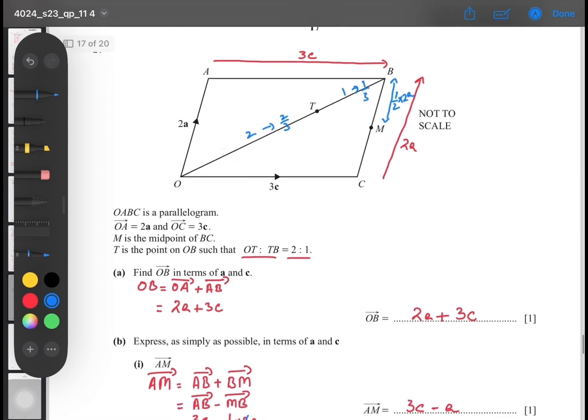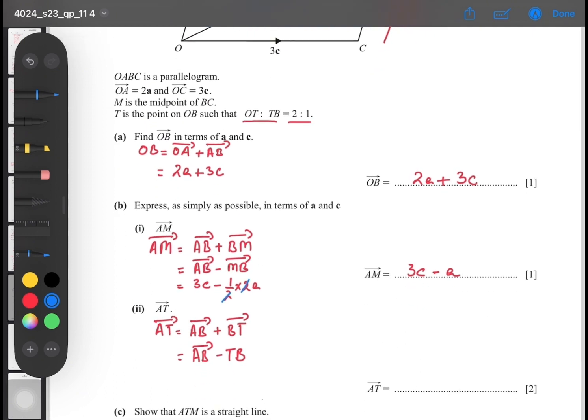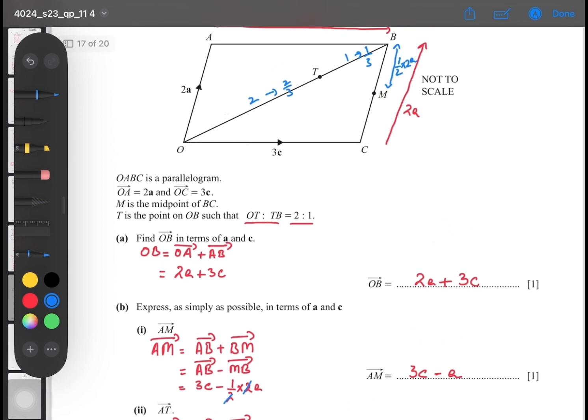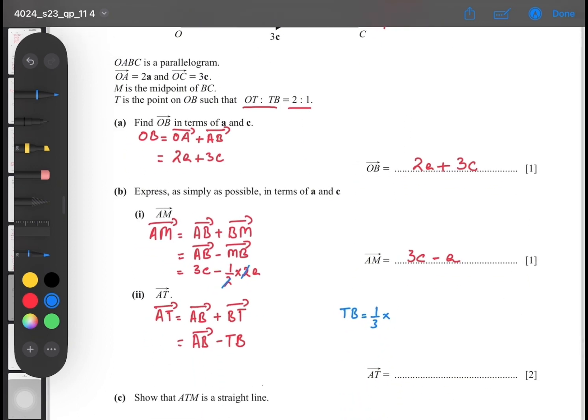So the vector TB is 1/3 of OB. So it is 2A plus 3C.